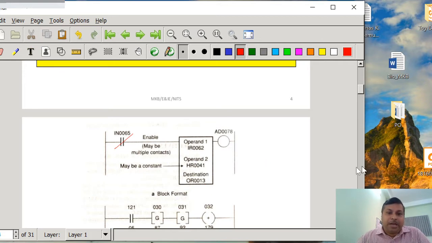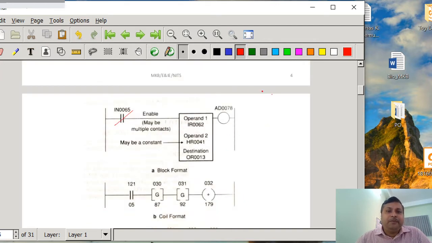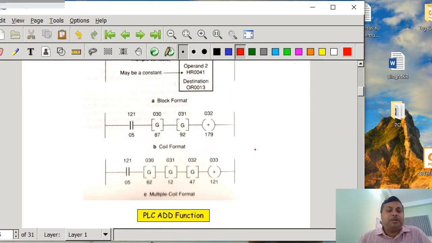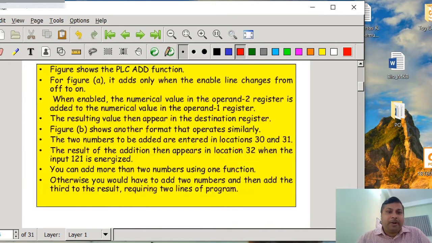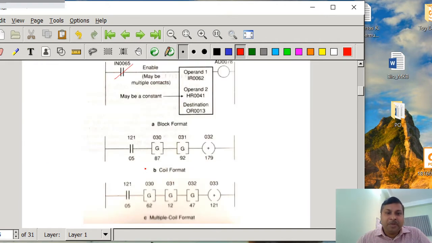Here another format has been shown, the multiple coil format, but as I said, we will follow this block format for the development of ladder programming. Figure B shows another coil function format that operates similarly. The two numbers to be added are entered in locations 30 and 31, where you can see 87 and 92 placed in registers 30 and 31.